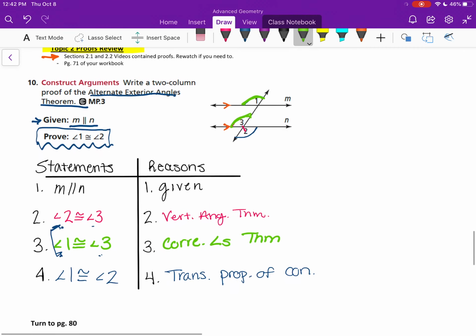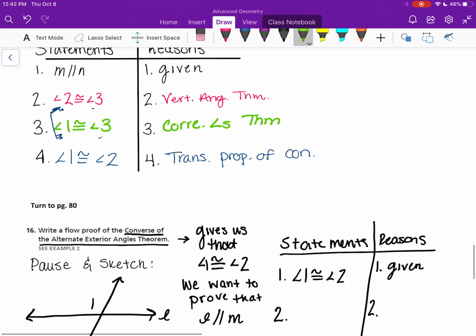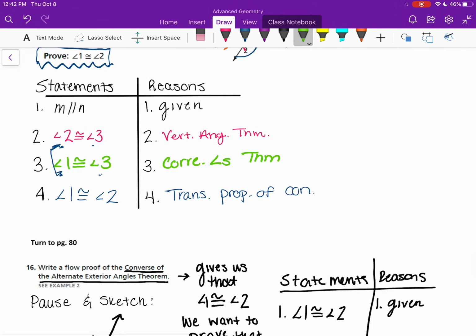Okay, there's another proof we're going to do on page 80, and that was in the next section. It says write a flow proof. We don't do flow proofs, so you can just mark that out. We're going to just write a 2-column proof of the converse of the alternate exterior angles theorem.